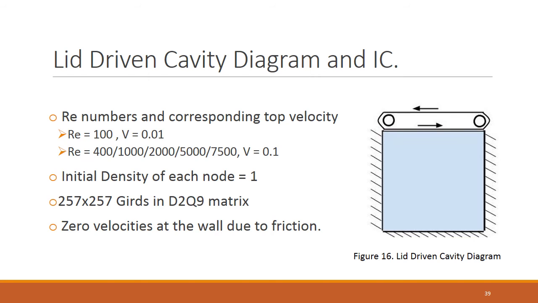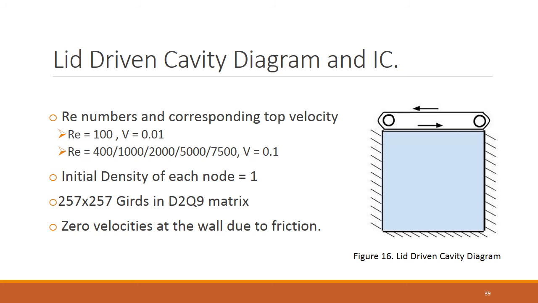And we're going to test it for the following parameters. One is when the Reynolds number is 100, with speed at 0.01, and then we're going to test 0.1 velocity for the second, with Re equal to 400, 1,000, 2,000, 5,000, and 7,000.